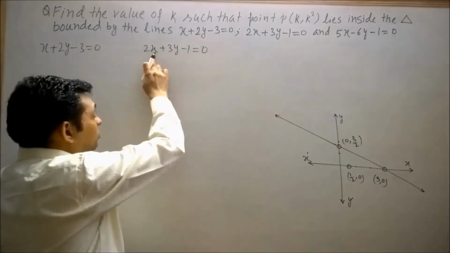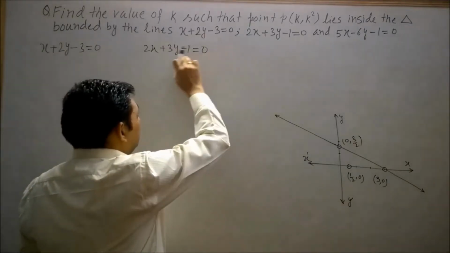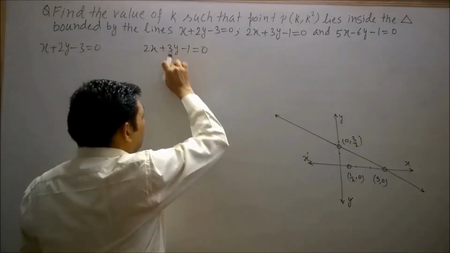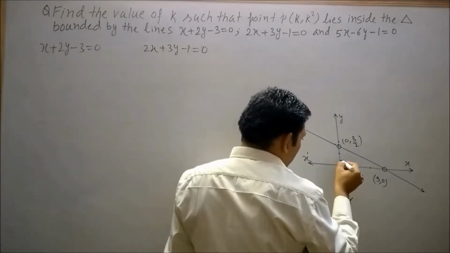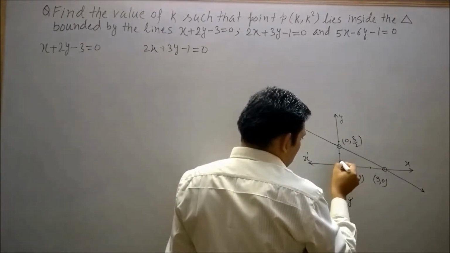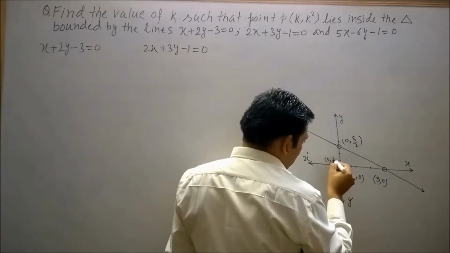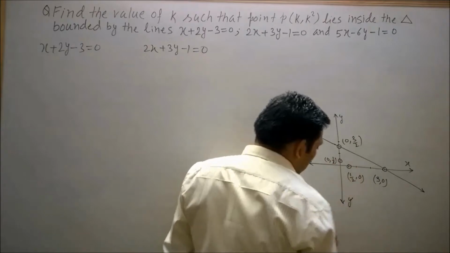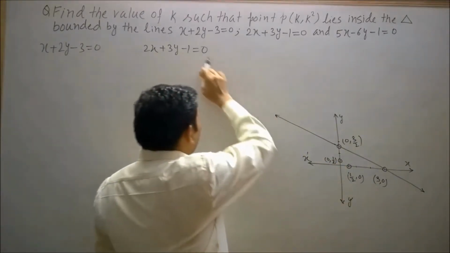When x equals to 0, then minus 1 become further positive to this side. Then y equals to 1 upon 3. Let's say this is the point 1 upon 3. This point becomes 0, 1 upon 3. Now, join these 2 points to draw a line of this equation.